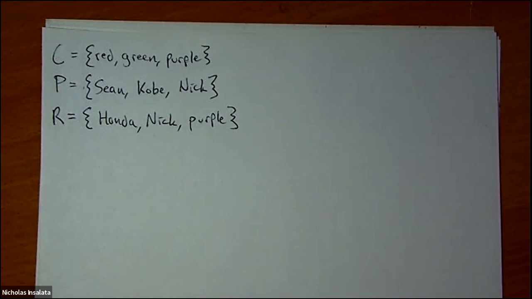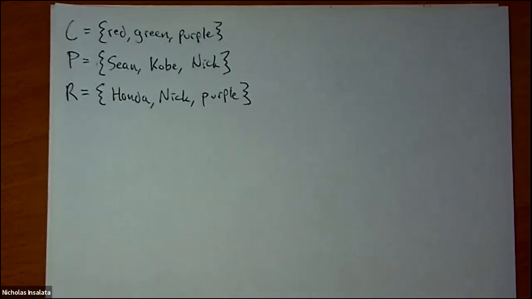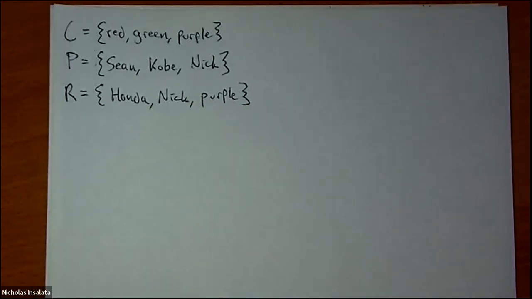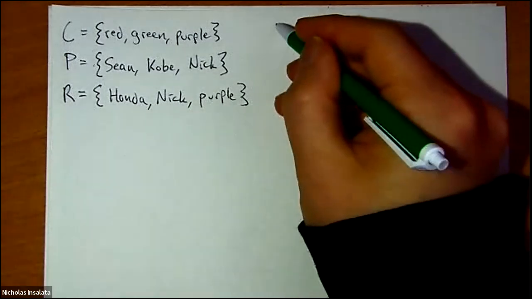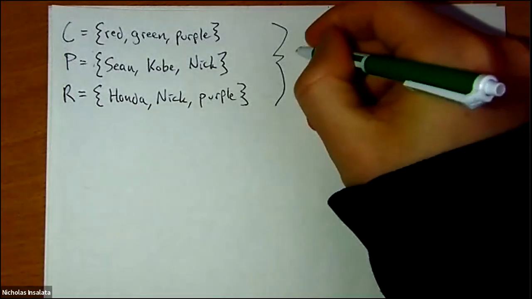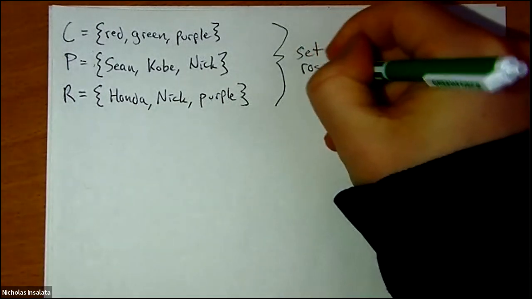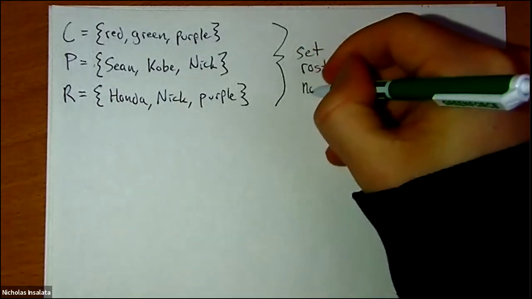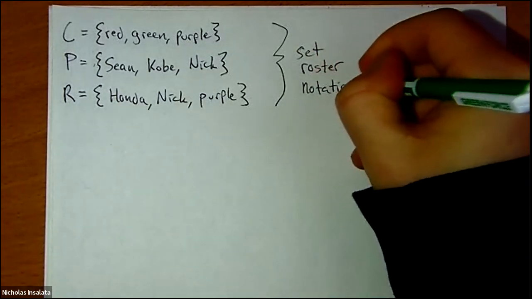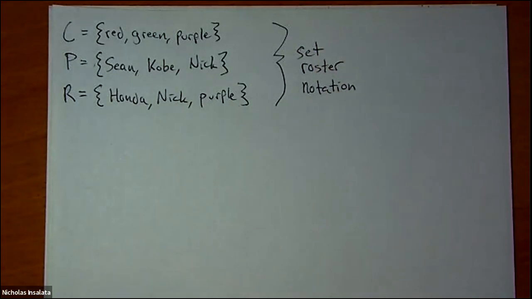Because we're in discrete math, we're going to be doing these numeric sets. Now, the way that I've listed these sets here is called set roster notation. And what that means is just like a roster in your class.